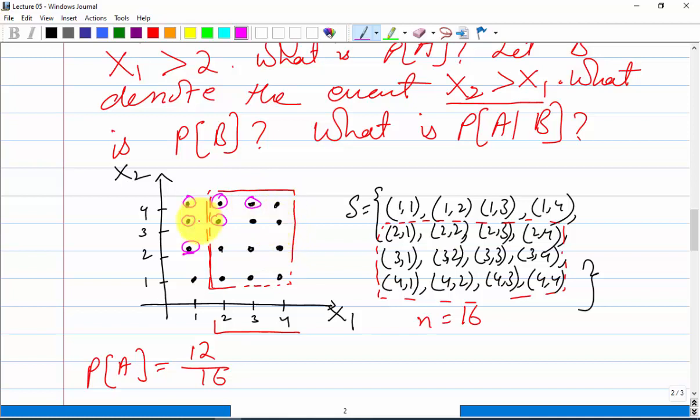So we have these 6 elements. The probability of B will be 6 by 16.